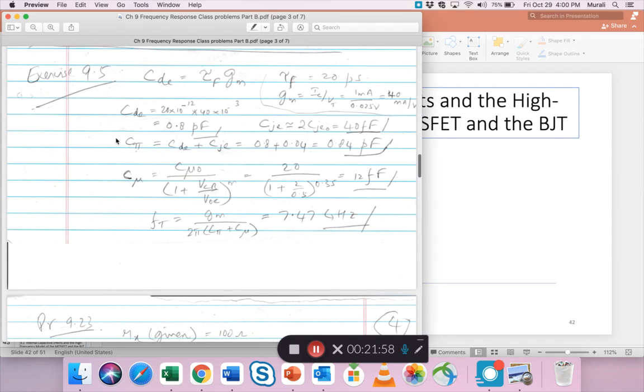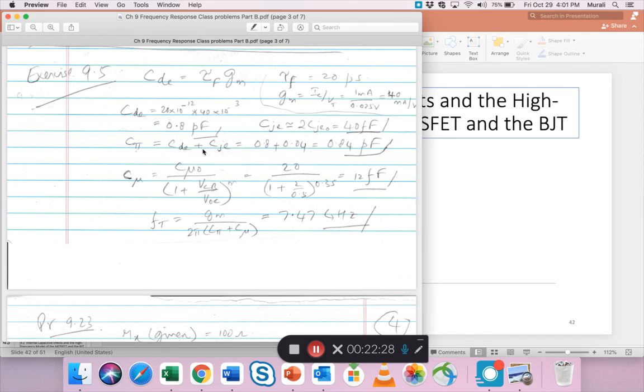Okay. So exercise 9.5, CDE is the product of two things. This is given. gm is the ratio of IC and VT for a BJT. So that's 40. So you take the product of these two, you get CDE is 0.8 picofarads. CJE is twice of CJE0. So that's 20 times 2.